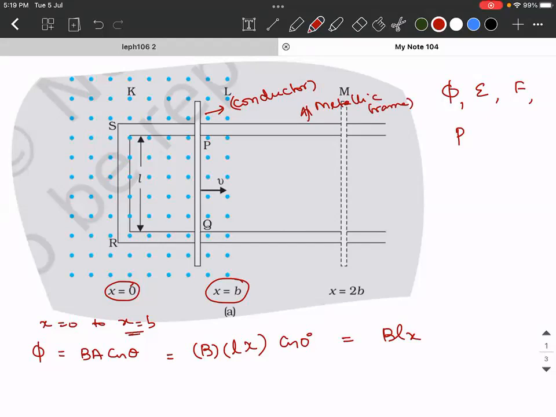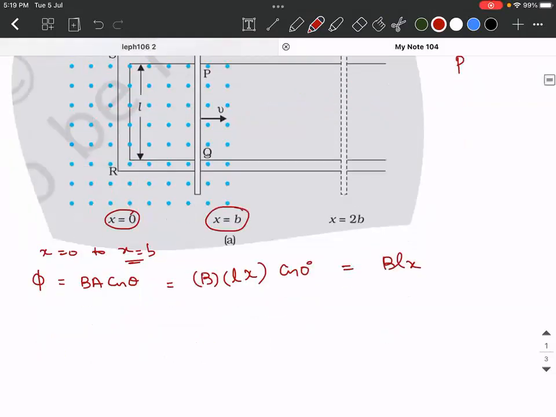In yesterday's class I explained that the C-shaped rod is fixed, and the conductor moves on it over a frictionless surface. The surface is frictionless because with friction, the conductor would also dissipate heat due to friction, but here the heat is dissipated only due to current. So B into L into x.